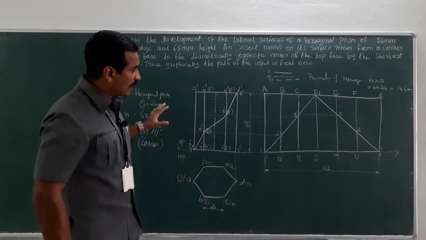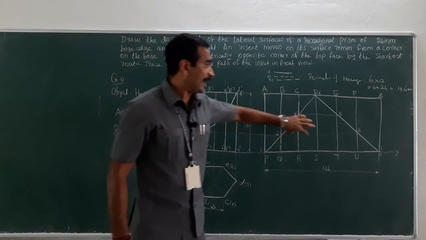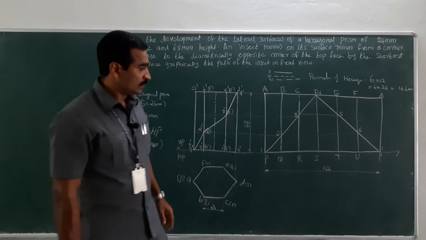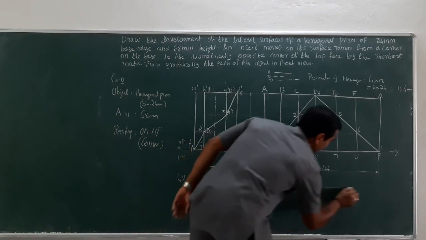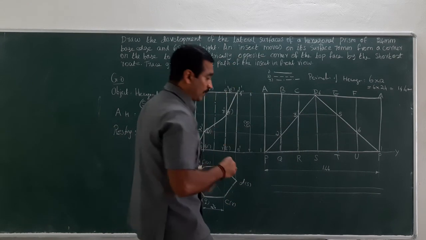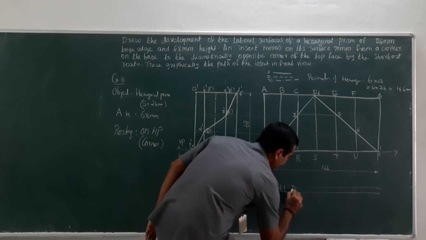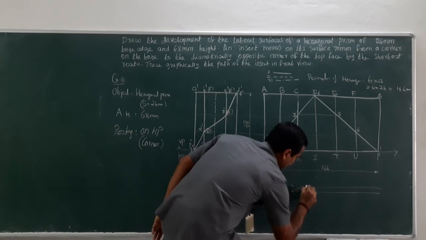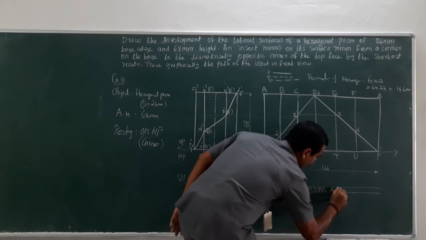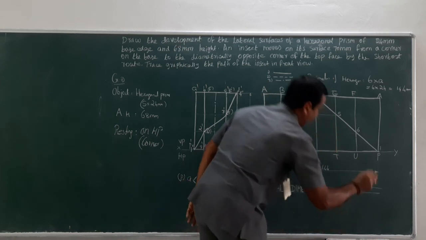Right. With this, I have completed the top view, front view, and the development of lateral surfaces. Next, I need to mention the note. The dimensions which I used are in mm, so all dimensions are in mm.